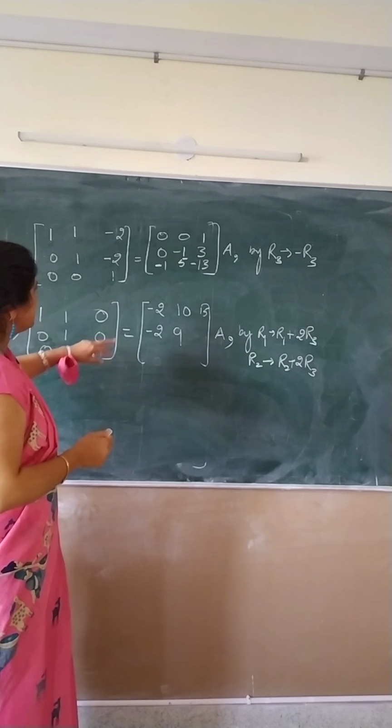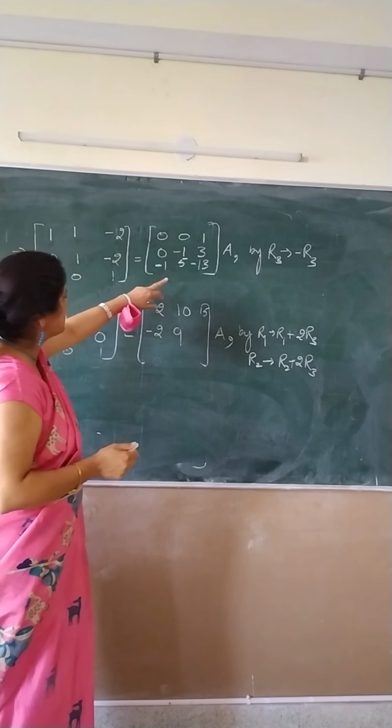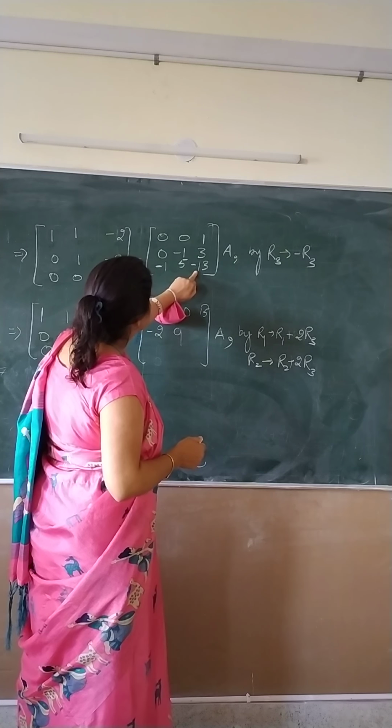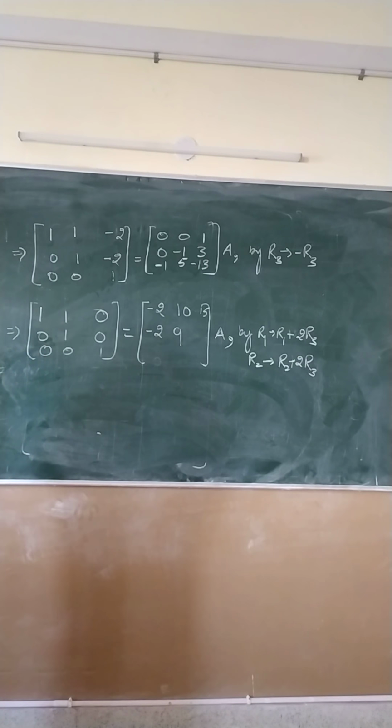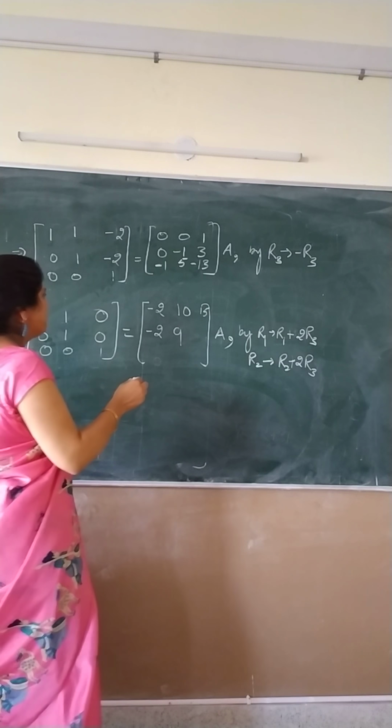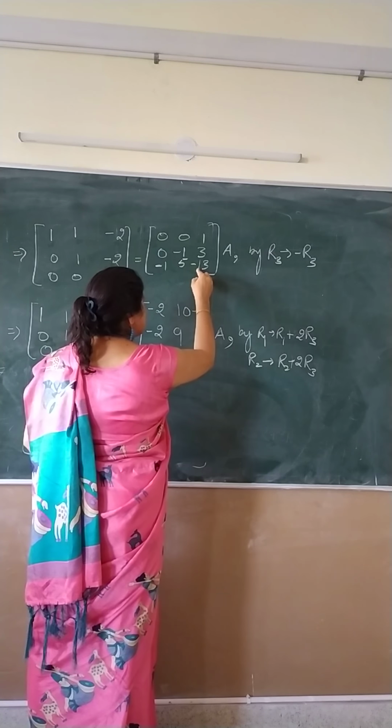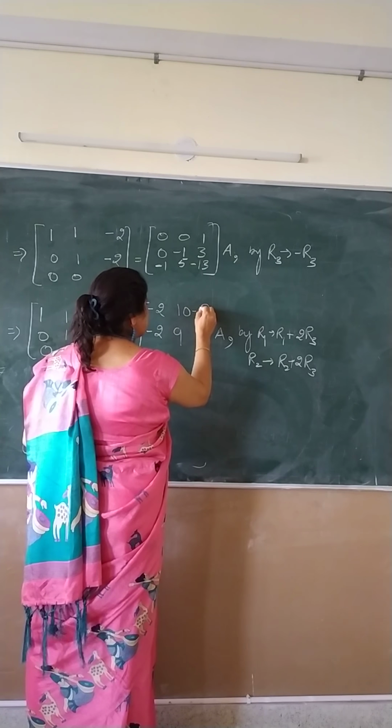Okay, if this is -13, you will get what? Here, -26. Multiply by 2 and add here, then you will get here -25. Here 13 students, -25.